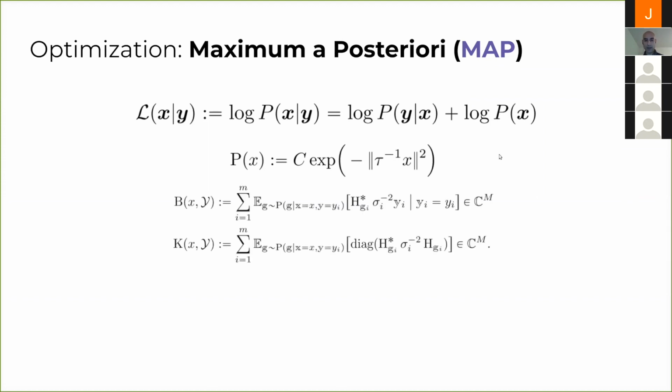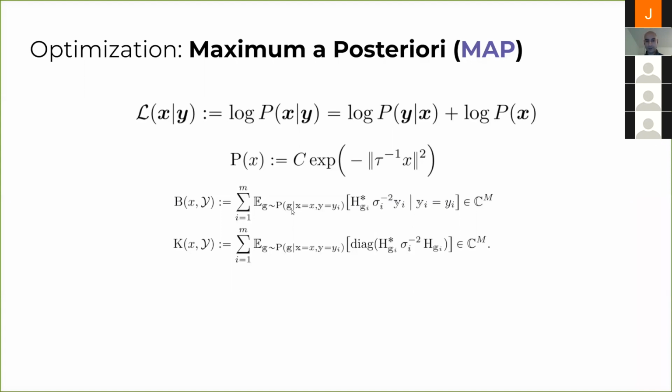But what happens is if we define these two quantities, this looks really messy right now, but I need to have it there just so that you've seen it, but you don't have to understand exactly this.